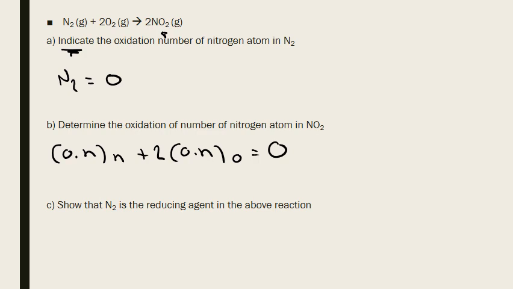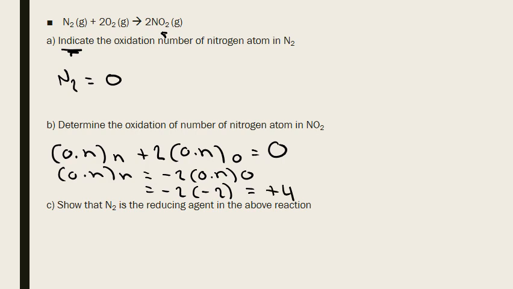Rearrange the equation to make oxidation number of N the subject. We know the oxidation number for oxygen is -2, so minus 2 times -2 is +4. So the oxidation number of nitrogen is +4.